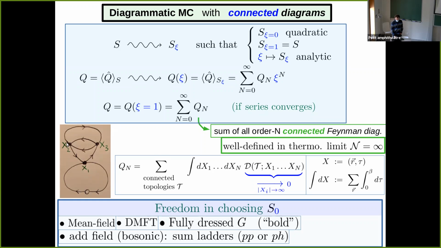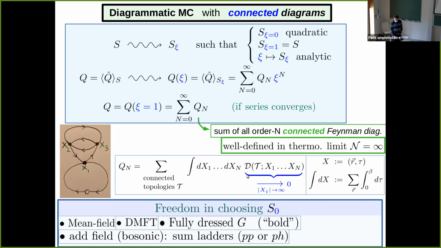You have to assign some position and imaginary time, r and tau, which we collectively denote by big X, for each of these internal vertices. And then you have to integrate over them, which means sum over r and integrate over time. And then you should sum over all possible topologies.